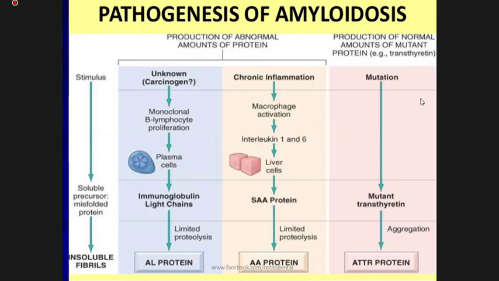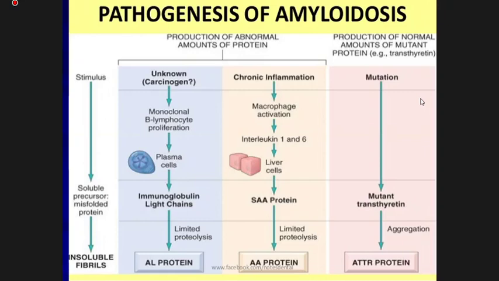Generally, pathogenesis can be due to production of an abnormal amount of protein. That means a normal protein is secreted in an abnormally high amount, and it can aggregate, become misfolded and be deposited as amyloid protein.